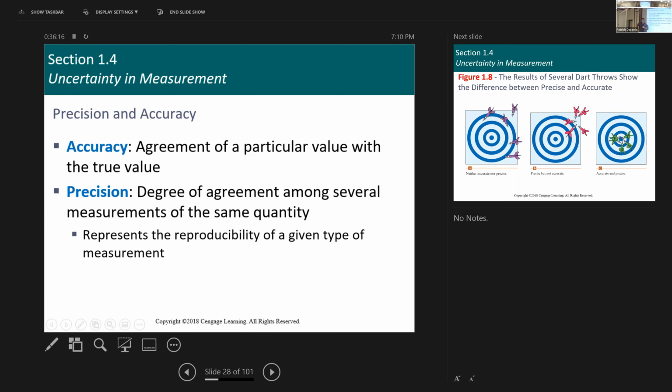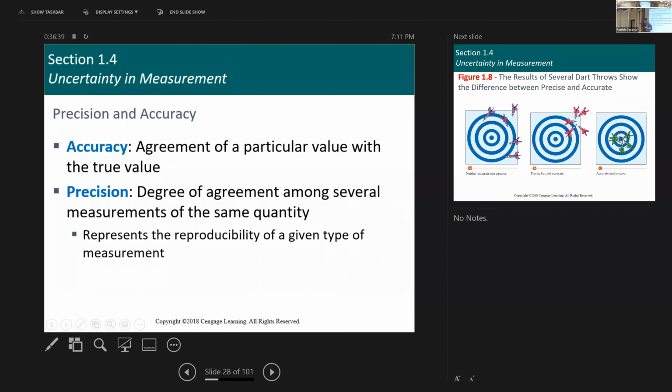Now, if you measure it again, and again, and again, and you keep getting 25, where you know it should be 20.5, you have a precise measurement. It has a lot of precision because you keep getting the same result over and over again, or very close to it. That's what precision is. It's the degree of agreement among several measurements of the same quantity.